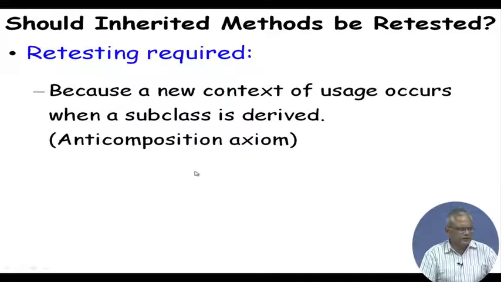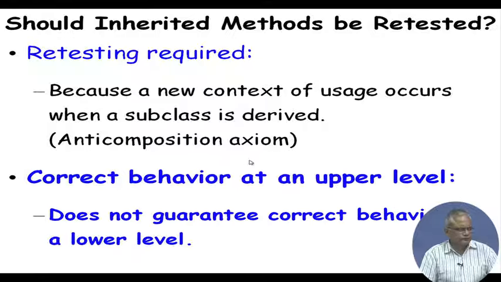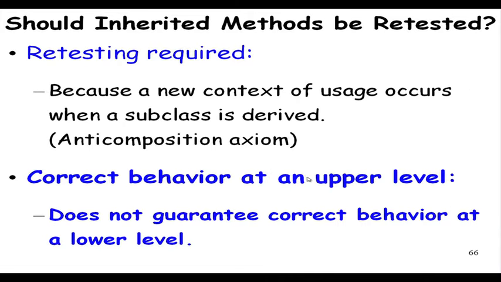This is what follows from Weyuker's anti-composition axiom. So, the correct behavior of a method at an upper level does not guarantee that the method will behave correctly at a lower level class.